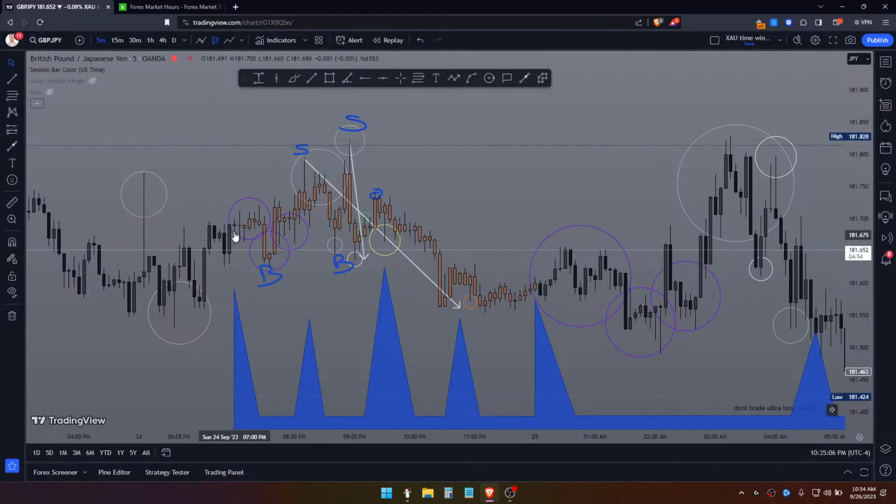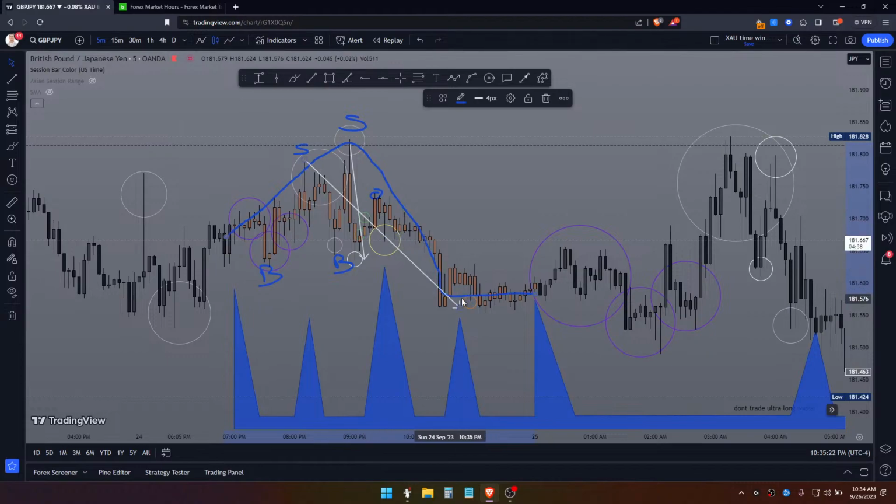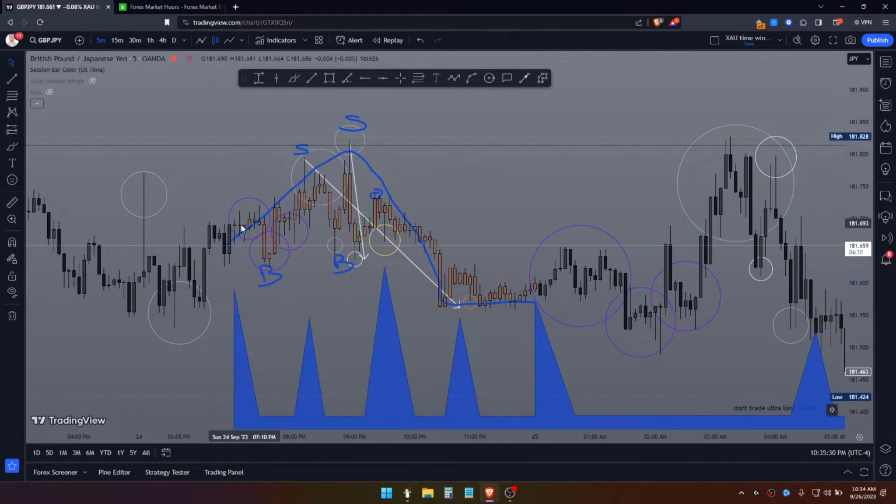Overall, looking at this, it kind of just looks like it was going to go like this. High of the day being before lunch, low of the day being the last 3 quarters, something like that.